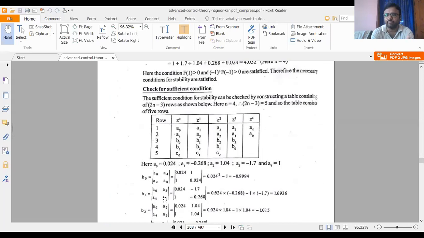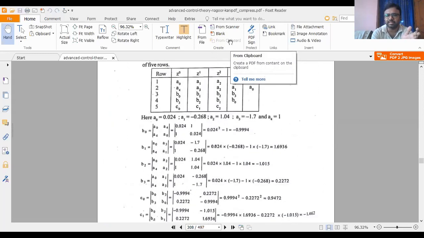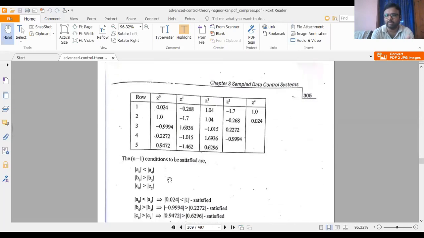Or else, if the first row starts from a4 to a0, the n minus 1 constraints change: a0 should be more than a4, b0 should be less than b3, and c0 should be less than c2. Depending on the tabulation of the Jury stability table, the n minus 1 constraints change. So don't get confused about these conditions.